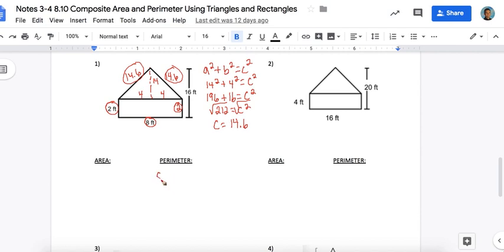Now write this down, 8 plus 2, plus 14.6 plus 14.6 plus 2. Where you have room, you might have to fit it in somewhere. When I add those up, I get 41.2 feet.